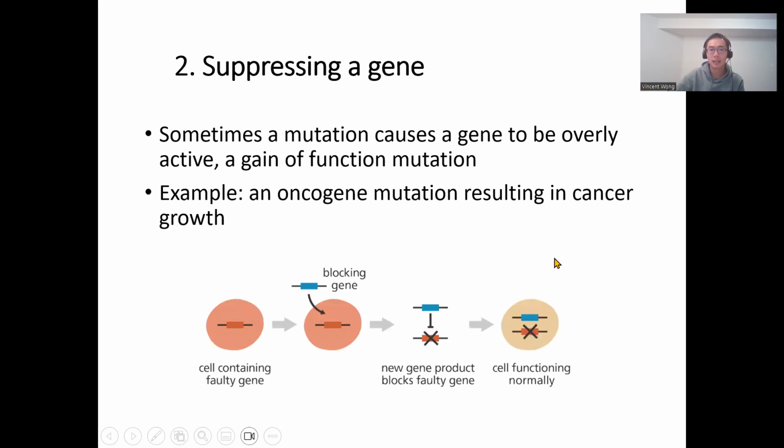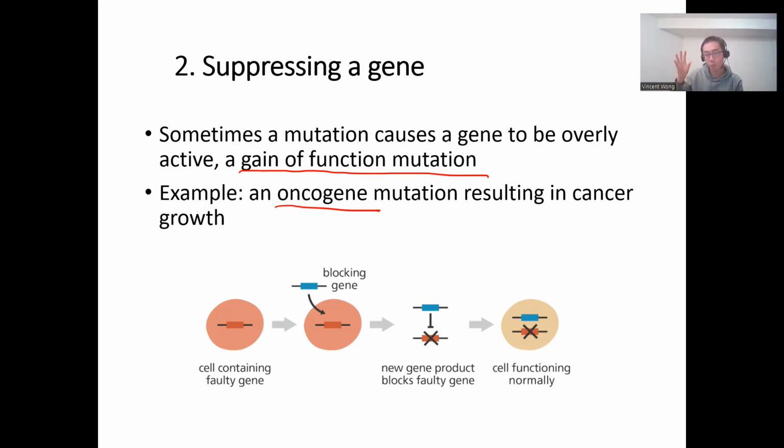All right, second goal is to suppress a gene. Sometimes a mutation causes a gene to be overly active. You might remember gain of function mutation, right? An oncogene, for example, right? The green light that we talked about. When an oncogene is created, the cell keeps on dividing and dividing and dividing.